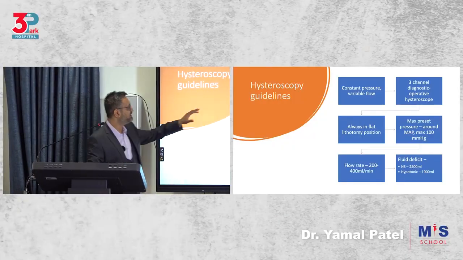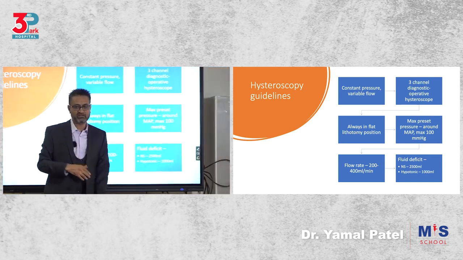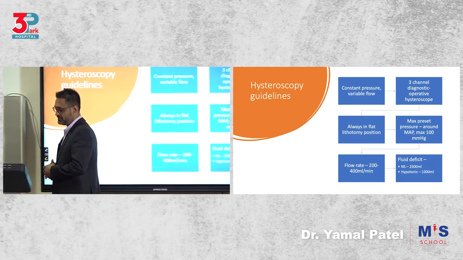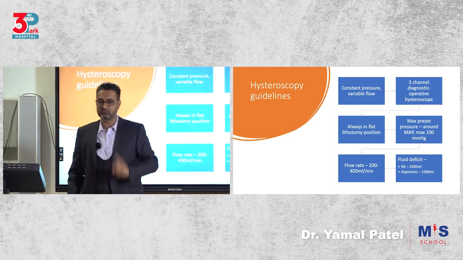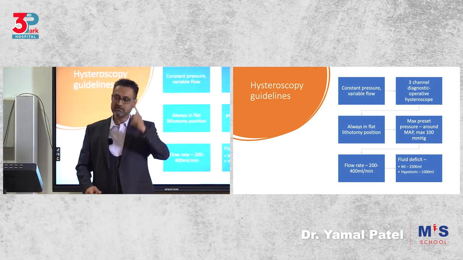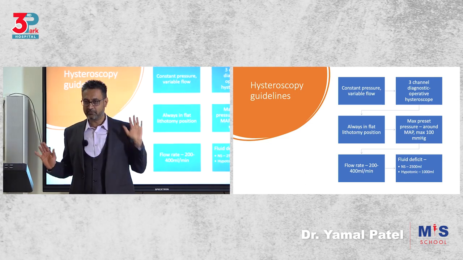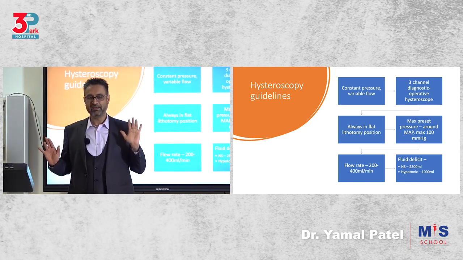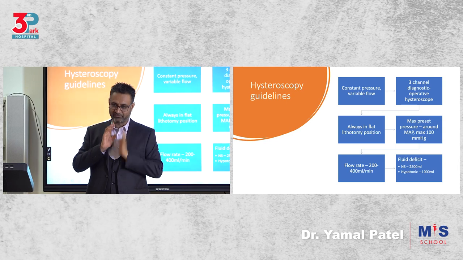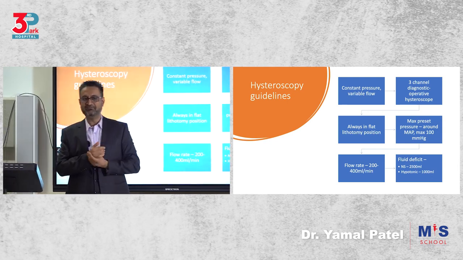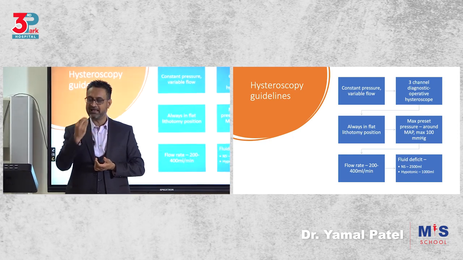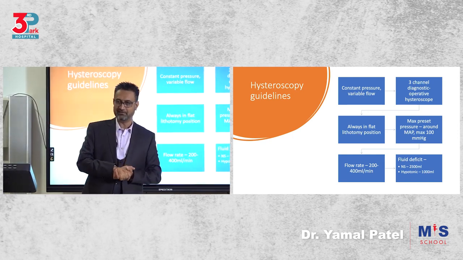Then you're going to be using a three-channel diagnostic operative hysteroscope most times. Don't do hysteroscopy in a Trendelenburg position. I warn you, don't do it. If you ever do that and you have a problem like an air or gas embolism, you will kill the patient.